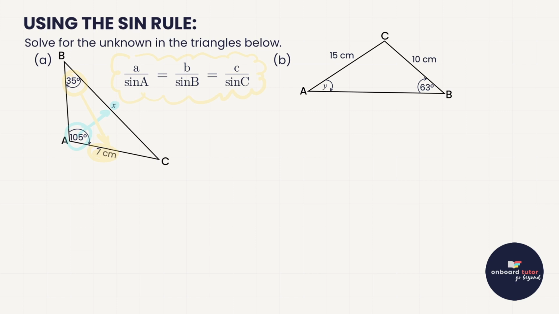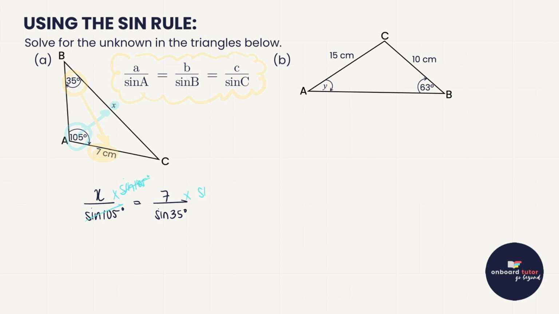So in this case, we are looking for BC. That's a side. So we're going to write that in the numerator over sine 105 degrees is equal to the 7 centimeters we were given over sine 35 degrees. To solve this, I just want to get rid of the sine 105 in the denominator.